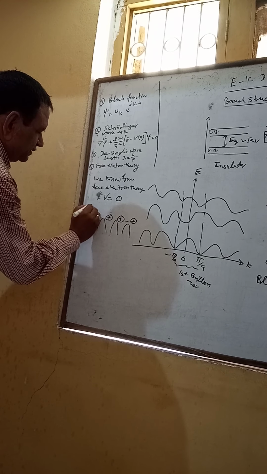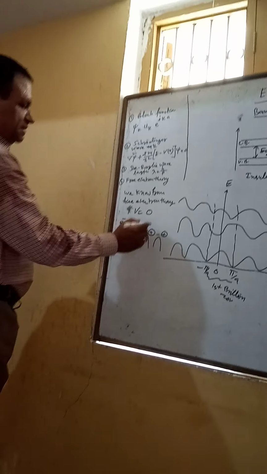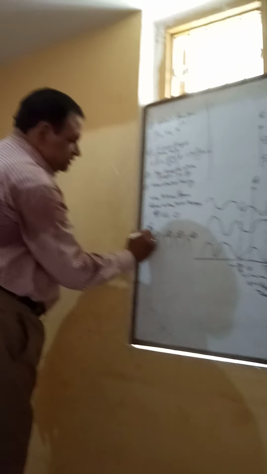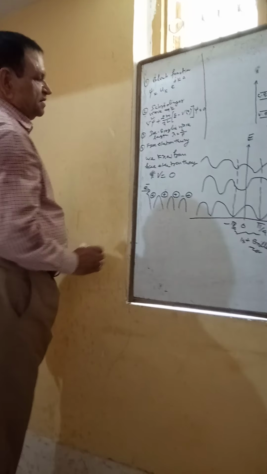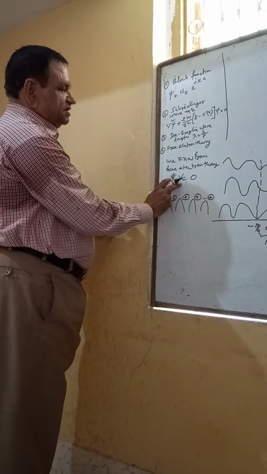If electrons move in a varying potential, moving from this side, then the potential will vary. The potential is not constant.